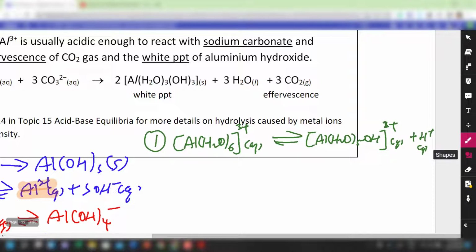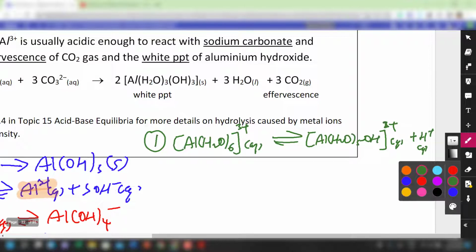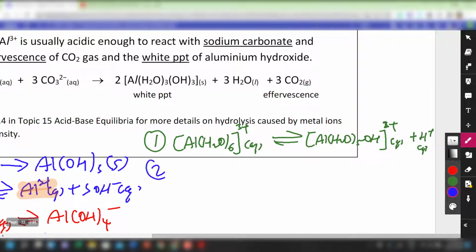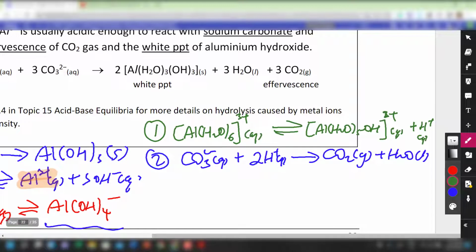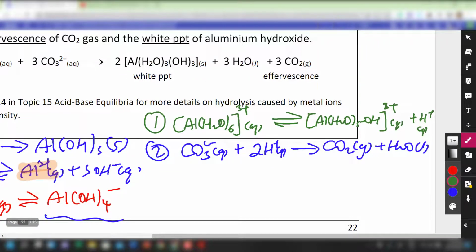What's going to happen is that when I introduce carbonate into the system, carbonate being a weak base, it will immediately source for any available H+, and in the process it will lead to the formation of CO2 and H2O. So this is the effervescence which you observe. The production of this CO2 will drive the position of equilibrium 1 to the right.